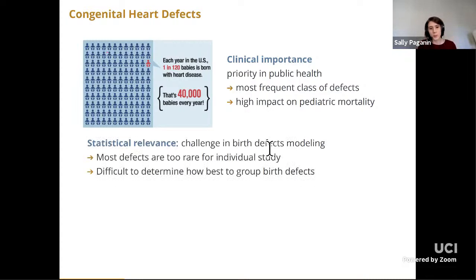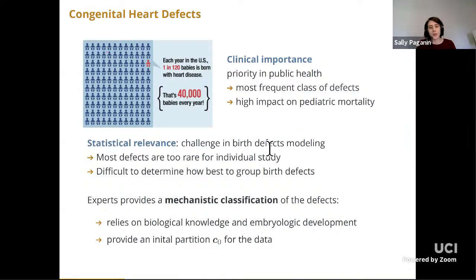From a statistical perspective, it's challenging to model these defects, as many of them are too rare to be studied individually. What researchers do is to lump these defects together in different groups, but it's difficult to determine how to best group them. However, there is a leading theory on this, called mechanistic classifications of the defects.